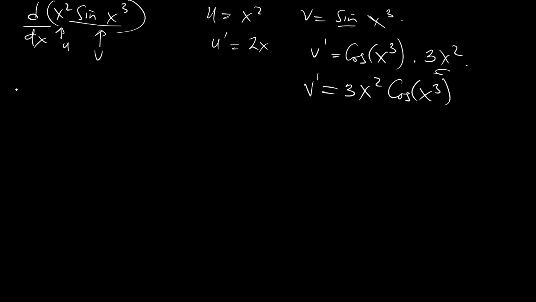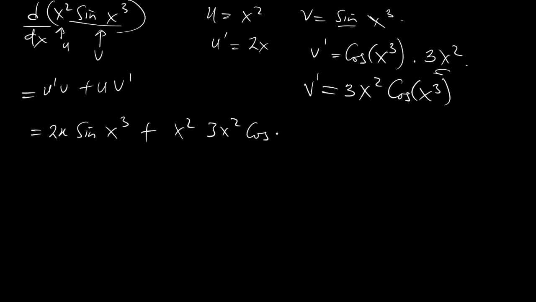Now using the product rule to solve this, we have u prime v plus u v prime. So u prime is 2x times v, which is sine x cubed, plus u, which is x squared, times v prime, which is 3x squared cos x cubed.